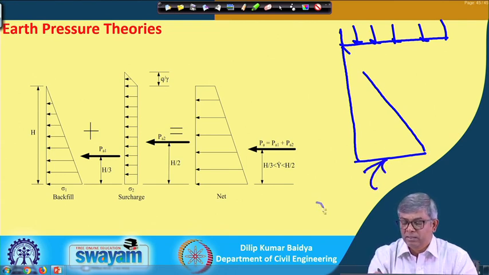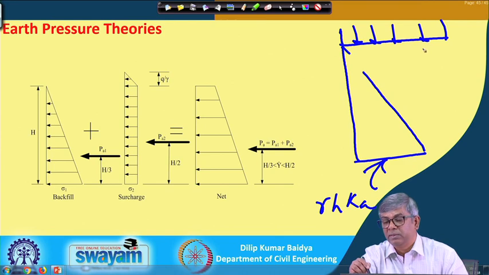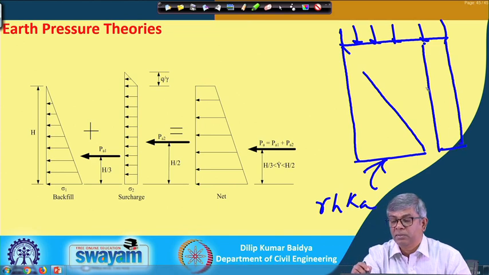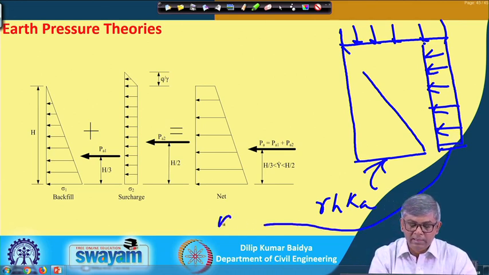And in addition to that, I can find the effect of surcharge. This diagram will have a value everywhere equal to K a times q.